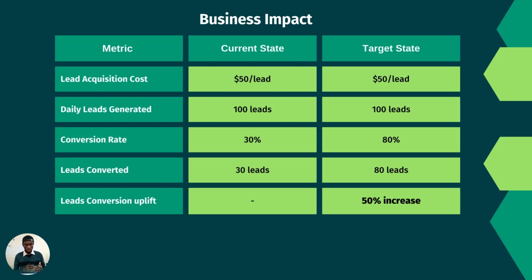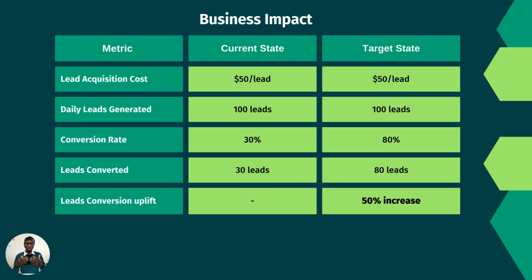Now, the conversion rate for SkillUp currently is about 30%. So the target state, or what we want to achieve at the end of this, is to target about 80%. So instead of getting from the 100 leads only 30 that are converting to become paying students, we want to increase that from 30 to about 80 leads a day.